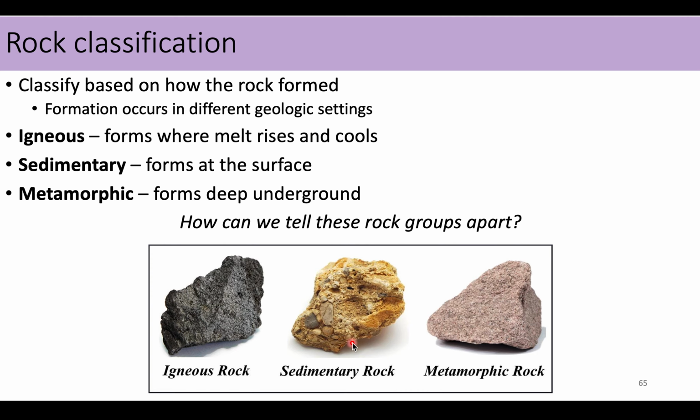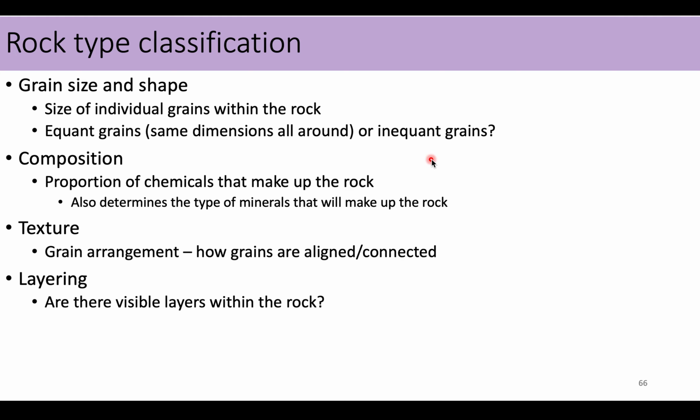Sedimentary rock always forms at the surface of the Earth because the sediment must be deposited on the surface for it to then create rock. Igneous rock forms when melted magma or molten rock rises up and cools. So the three different rock groups are separated by how the rock formed. The history of the start of that rock determines which rock type the rock is.